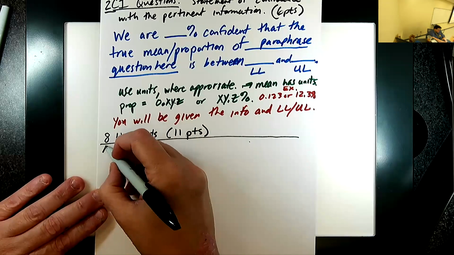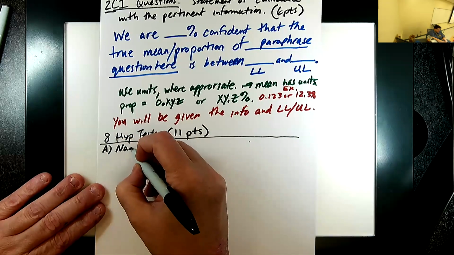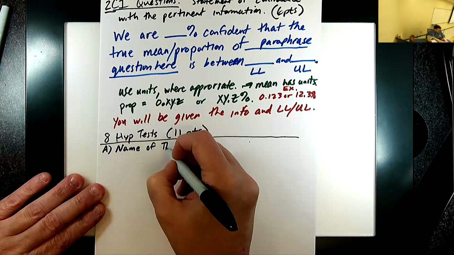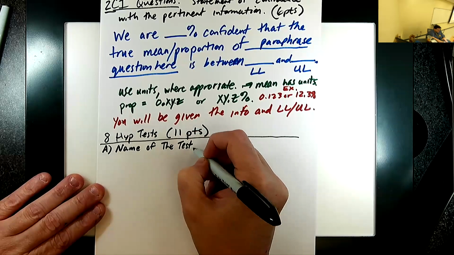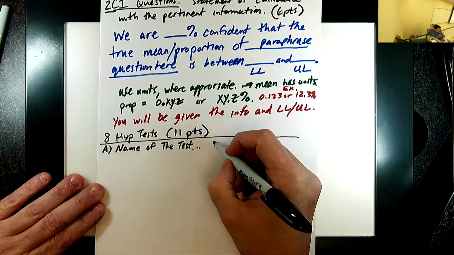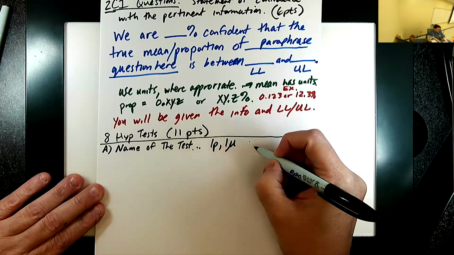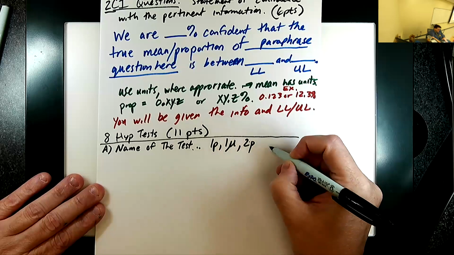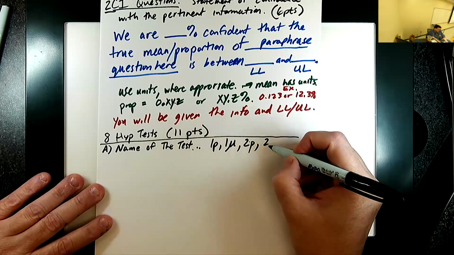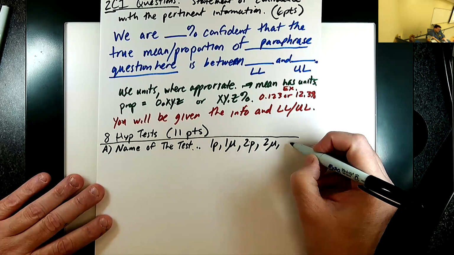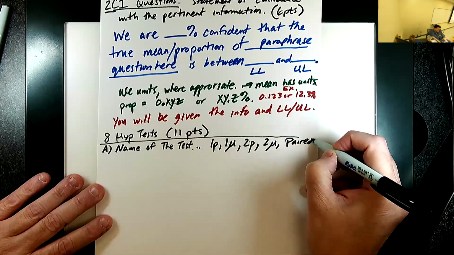You need to, A, tell me the name of the test. Is it a one proportion test? Is it a one means test? Is it a two proportion test? Is it a two means test? Is it a paired test?